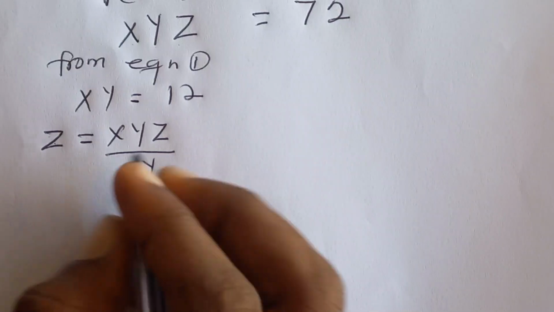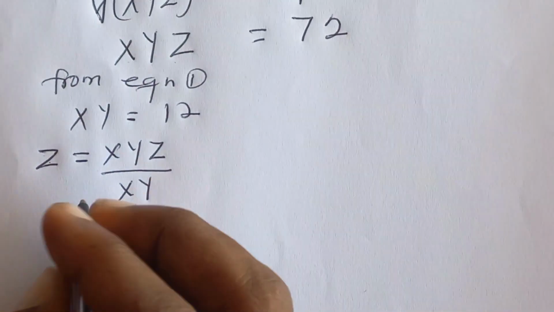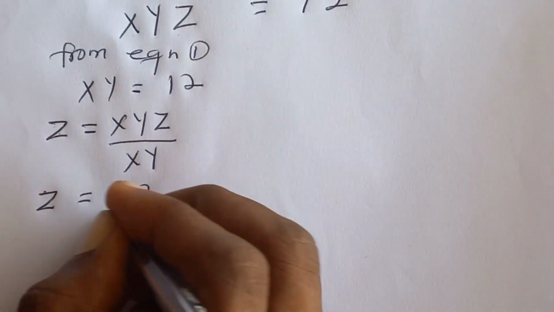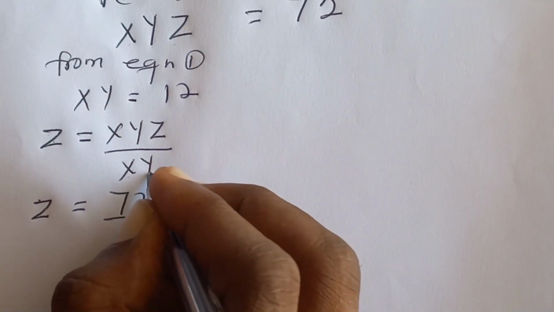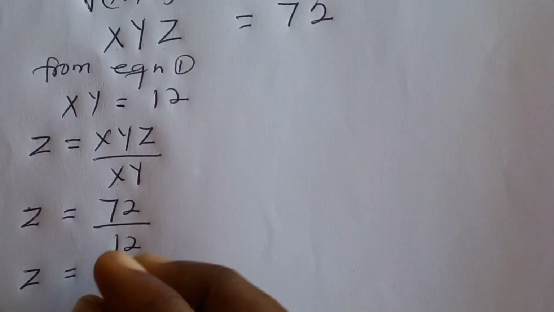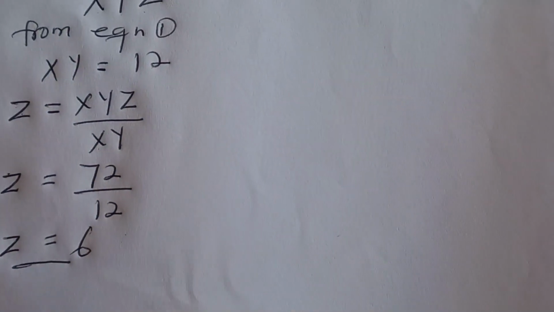But then we know xyz to be 72, so z is equal to 72 over xy, and xy is 12. So our z here, 72 over 12, we are getting 6 for z.